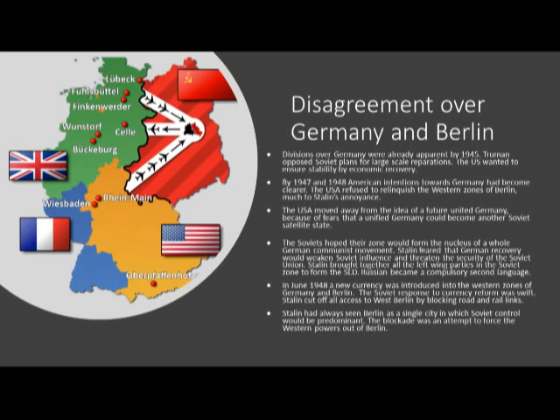But by 1947 and 1948, it was becoming clear that the United States disagreed with that. And it was becoming clear that Britain and America in particular, when they combined their zones of occupation into Bizonia, were already beginning the process of building a separate West German state, which would imply, of course, that Germany was going to be permanently divided.